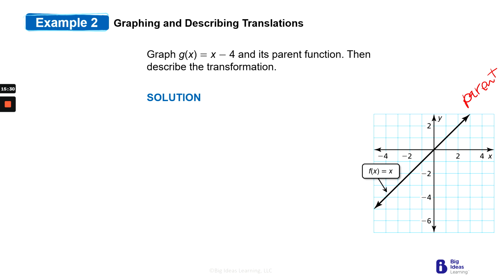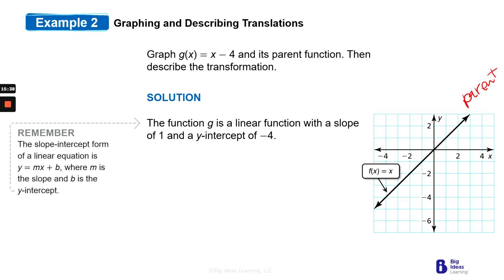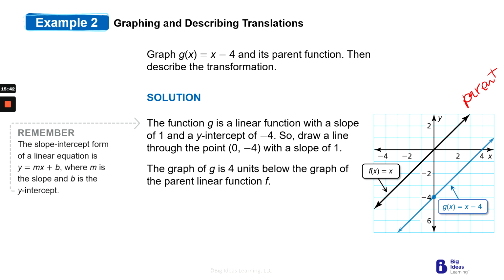So x minus 4 tells me that what happened? It went down 4. Did my slope change? No. So my slope is the same, but now the whole thing has gone down 4. So instead of cutting through the origin, now it's cutting through the y-intercept of negative 4, but my slope is still 1. Remember bingo? Yes, this is when bingo kind of comes back and helps me.